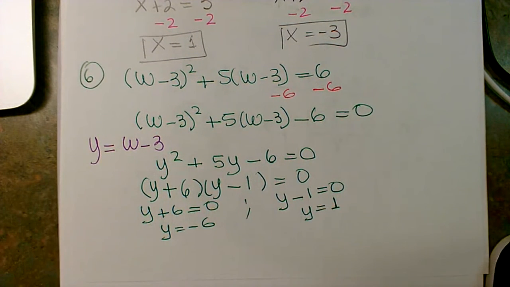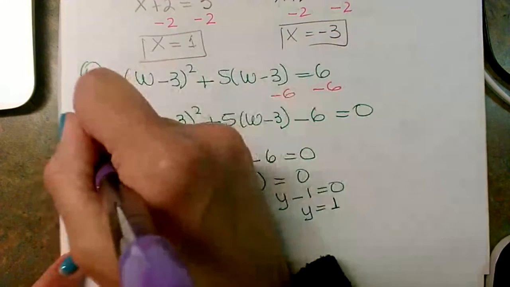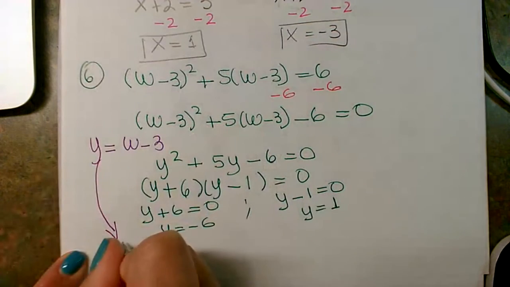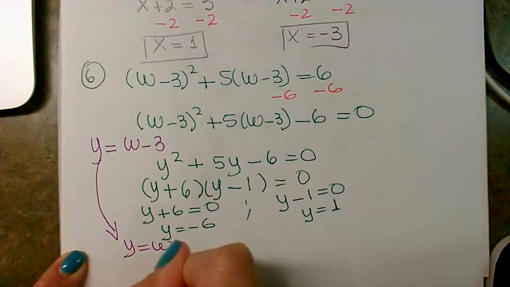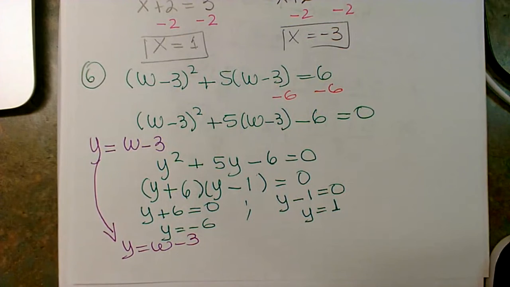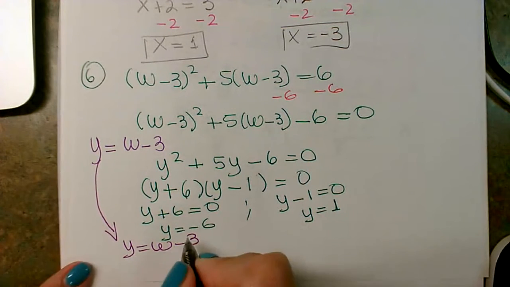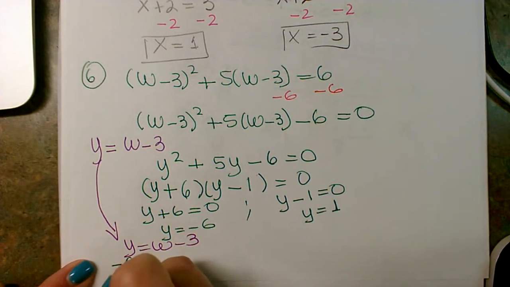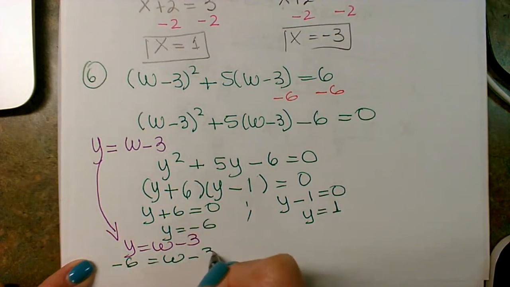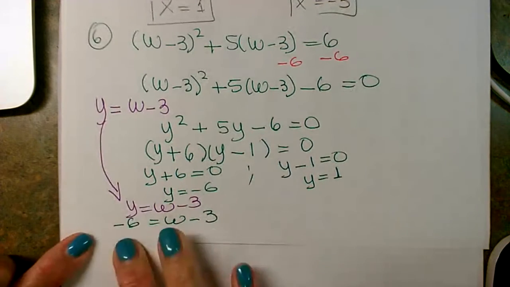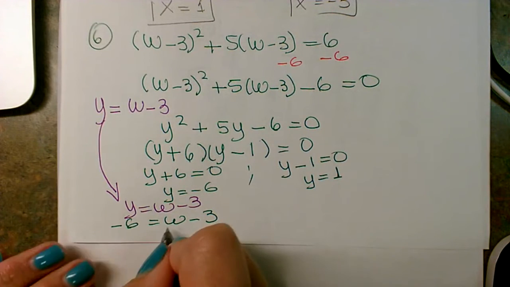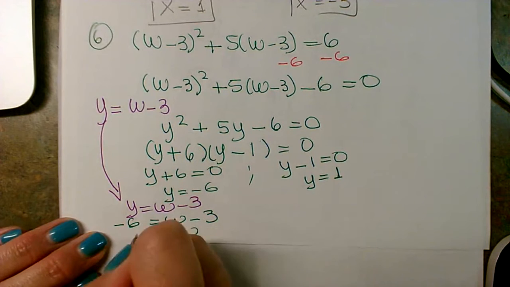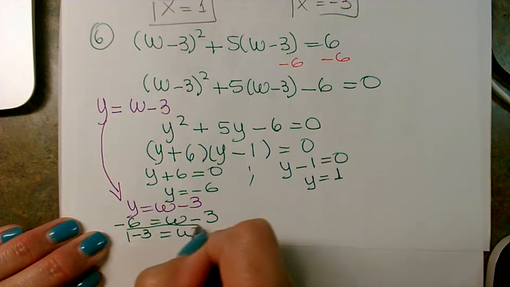So now we're going to take this back here. So it's going to be negative 6 equals to y minus 3. If I add 3 on both sides, y is going to be equal to negative 3, right?